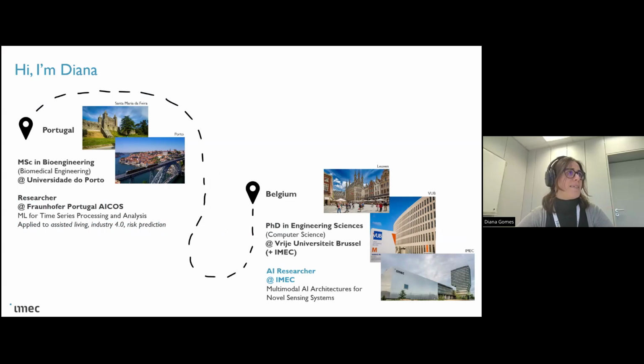So I started my studies in Portugal with a master's in bioengineering. Then I did a little bit of work as a researcher with Fraunhofer Portugal Laicos, mainly on applied research, a lot with time series processing. And then I decided I wanted to dive a little bit deeper in AI models, and I decided to follow PhD studies in Belgium, where I currently am.